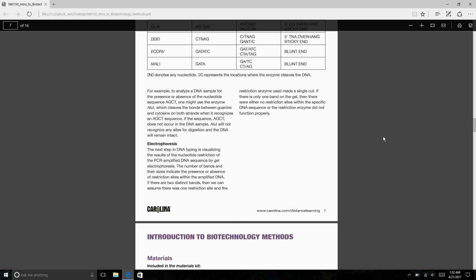Under the effect of the electric current, DNA runs, and if it is a mixture of different DNA fragments, they are going to separate and move with different speeds. And on the basis of how different DNA fragments run in a gel, you can detect mutations, and you can detect various things inside the gel.